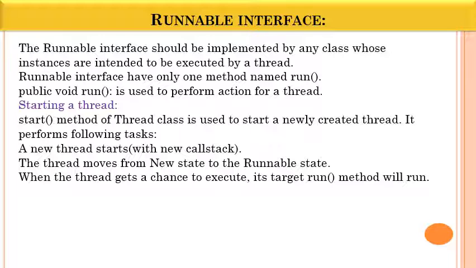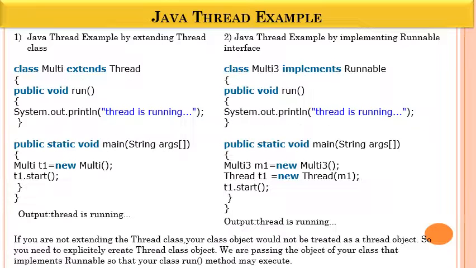So whenever we start the thread to execute, the run method will run, and the start method is used to create a new thread. That is the Runnable interface.